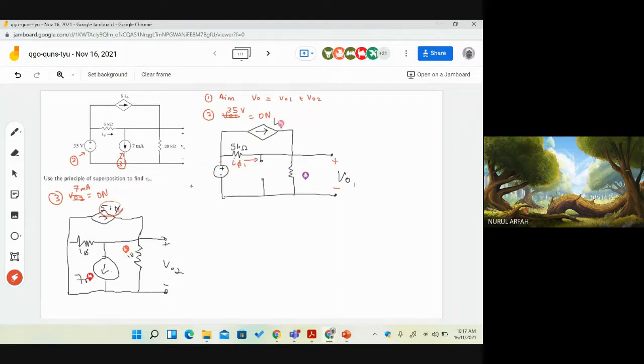Okay, this part, step number 3, this is 5I5 2. And this one also 5I5 2. And then, yes, this one is correct. This one, resistor 20 kilo ohms. Okay, this is good, 7 milliamps going down. This one also correct. Okay, good.